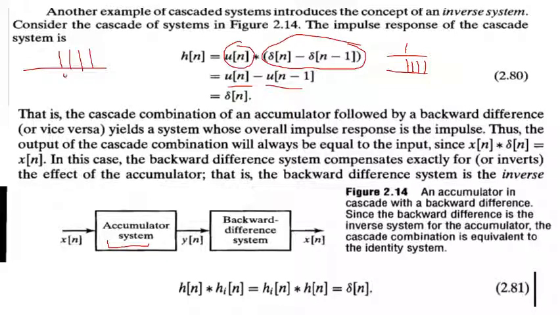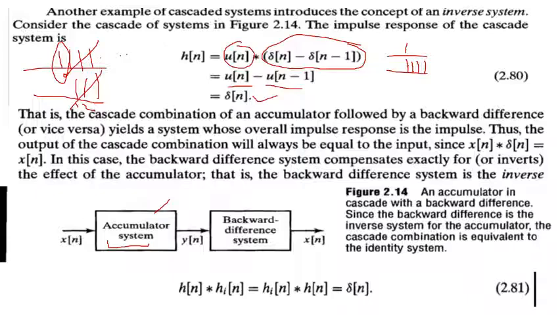It means that we have this thing. This is u of n starting from 0 and going toward infinity. And we are subtracting from it the one-shifted version. So what will happen? This will cancel with this one. Only the 0 sample will be left, which is delta of n. So this type of system is known as identity system. What does the accumulator do?